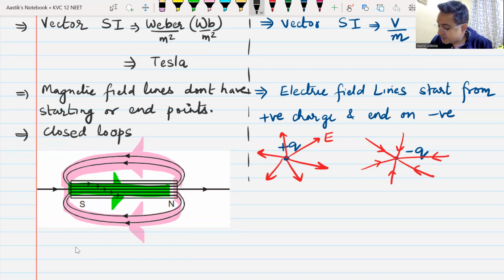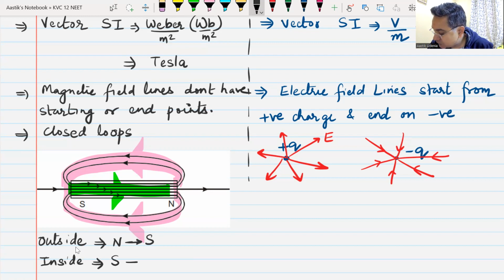So outside the magnet, the magnetic field lines are going from north to south. Inside the magnet, they are going from south to north, and therefore they do not have a starting or an end point.